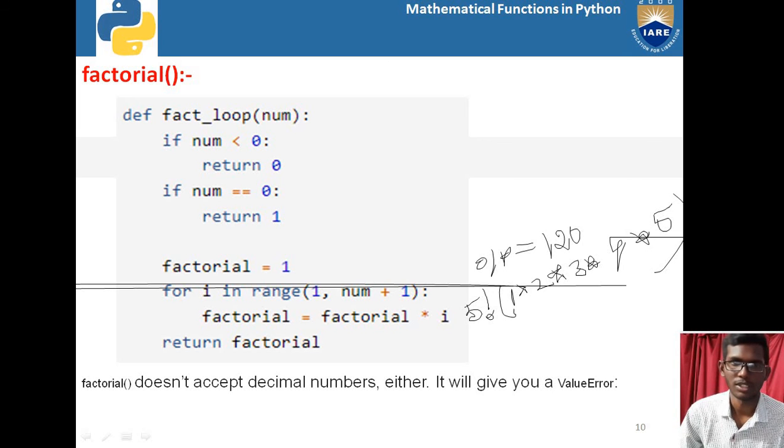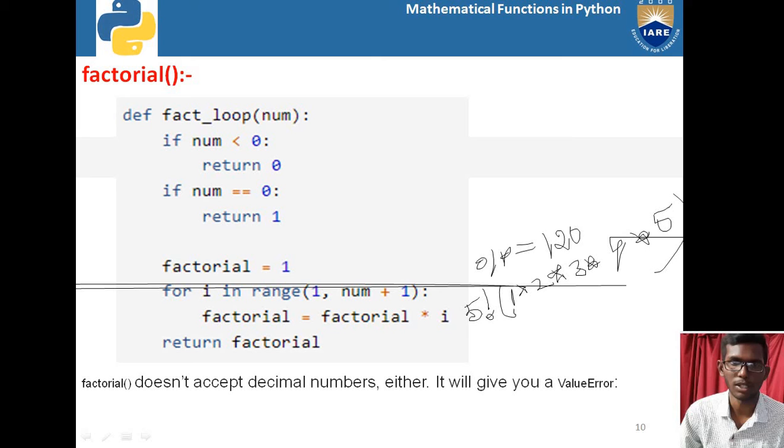Now I explain this example in the program. We take a equal to 5, for I in range 1 to 6. First we take I value as 1, and we get 1 into 1, so b equals 1. Then I equals 2, and we multiply 1 into 2 to get b equal to 2.